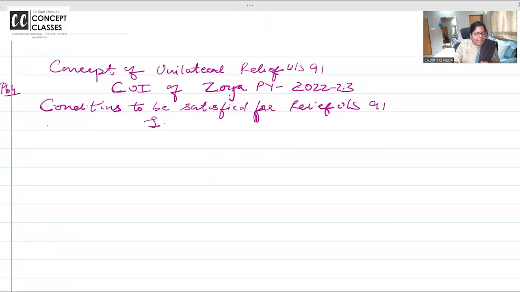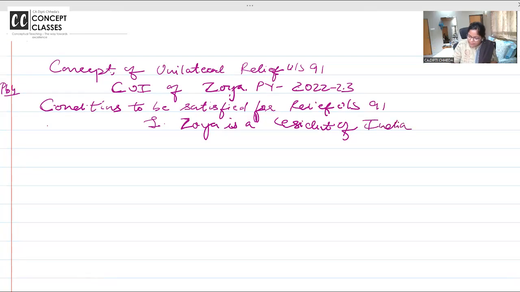First condition: Zoya is a resident of India.